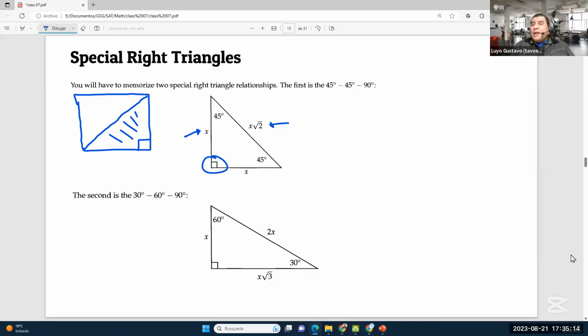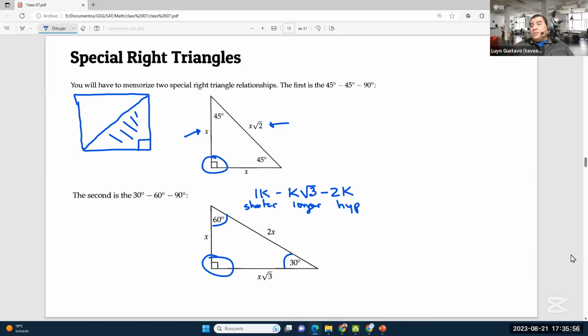There is another special triangle that has two angles of 60 and 30 degrees, and of course a right angle. And the proportion that exists among the three sides is like this. It's like 1k, k times the square root of 3, and 2k. That is to say, the shorter leg is like k or x. This is the longer leg, and this is the hypotenuse.